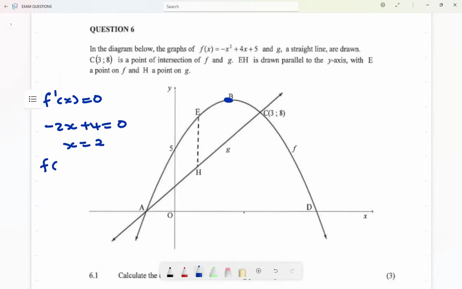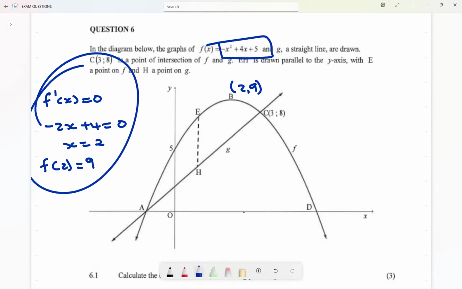And then you just take your 2 and substitute it into that equation. f of 2 is negative 2 squared, negative outside, then 2 inside, then you square, plus 8 plus 5, guys. And then you get something beautiful, like 9. So the coordinates of B here are 2 and 9.